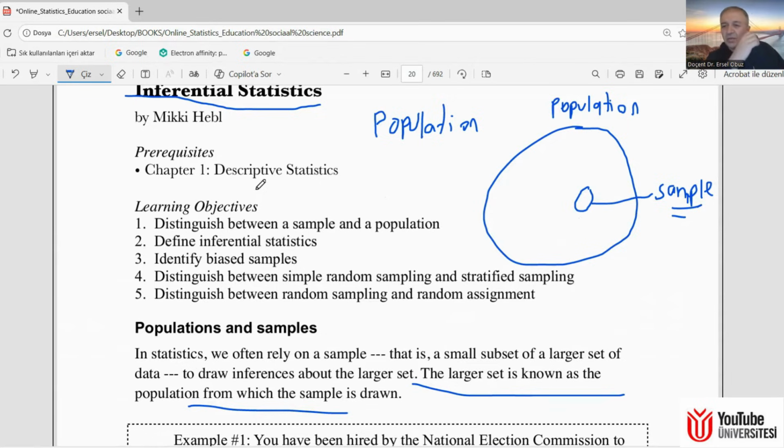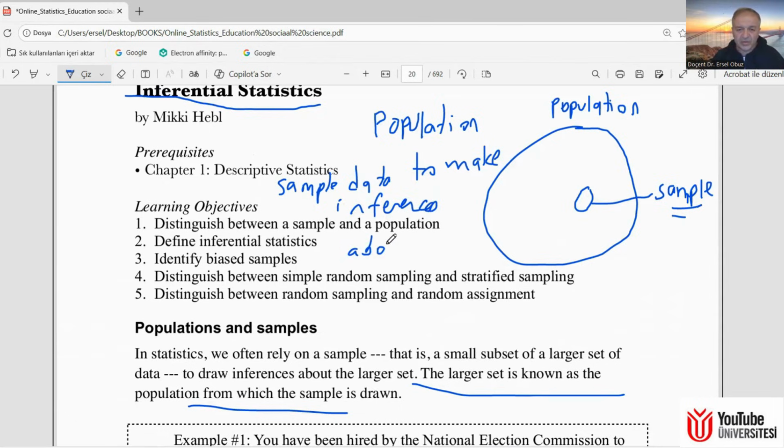By using inferential statistics, what we do basically is use sample data to make inferences about population parameters.